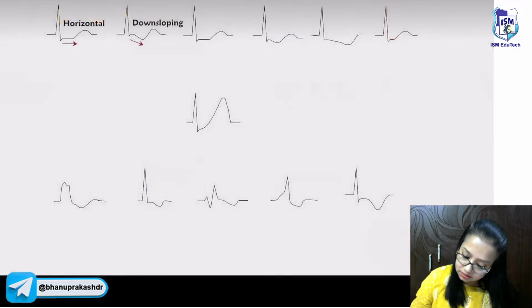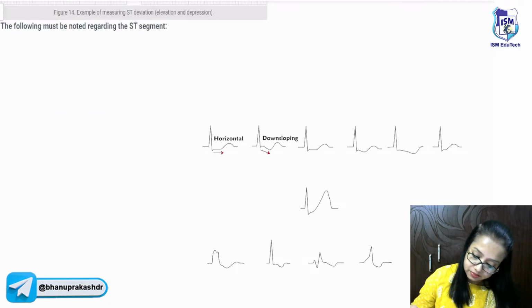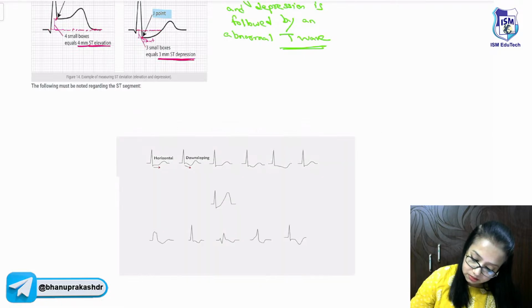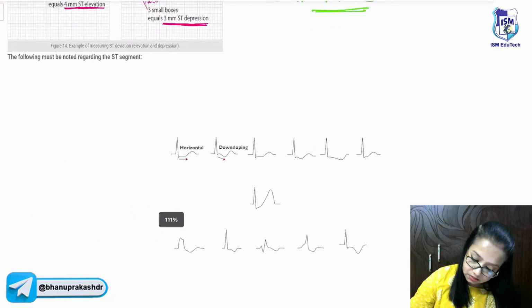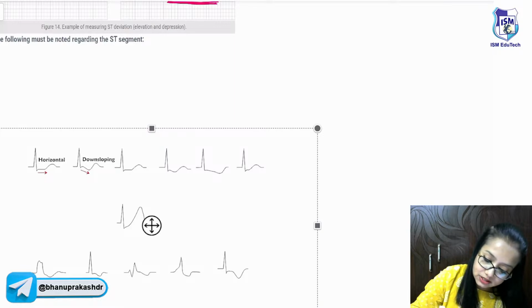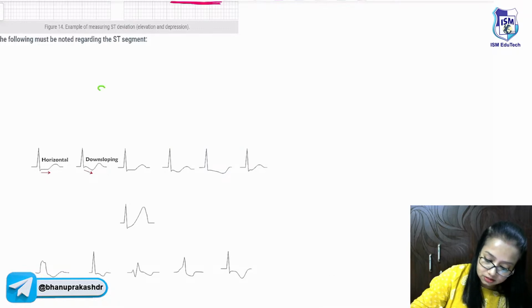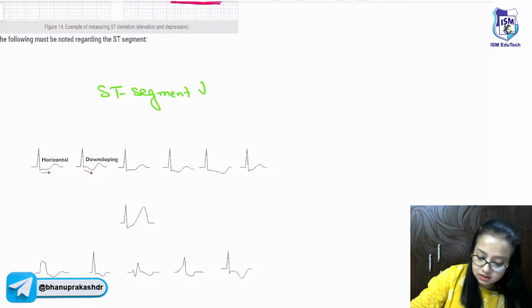okay, let's start with the ST segment depression. So here, these are a few examples of the ST segment depression. Okay.